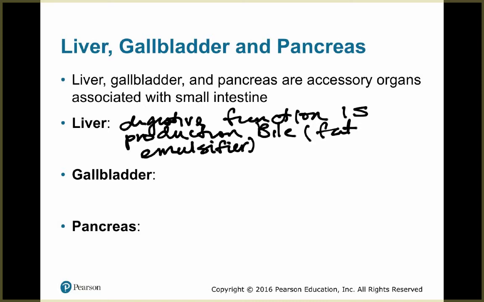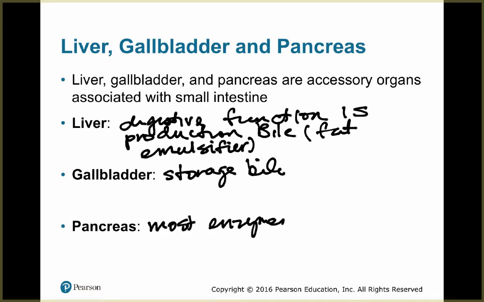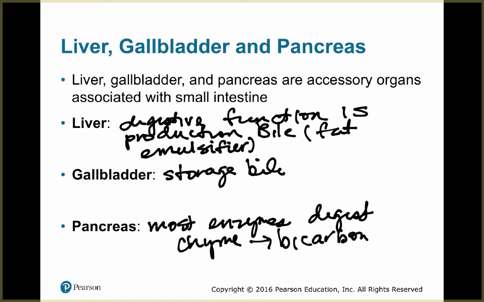The gallbladder's chief function is the storage of bile. And the pancreas supplies most of the enzymes to digest chyme. It also produces most of the bicarbonate to neutralize stomach acid.